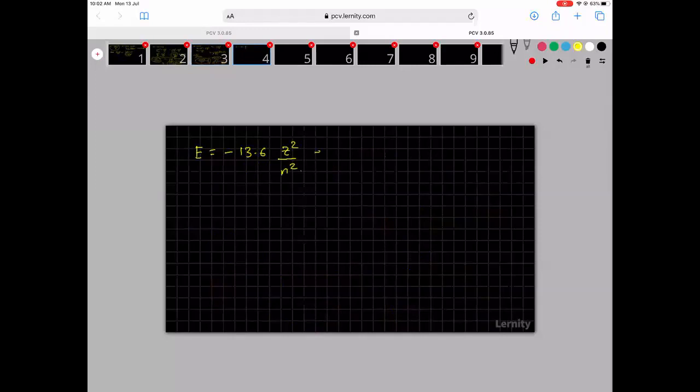So this is in units electron volt. And remember that 1 electron volt is equal to 1.6 into 10 power minus 19. So you can write this in joules also. So if you write it in joules, it will be minus 13.6 into 1.6 into 10 power minus 19 z squared by n squared joules.